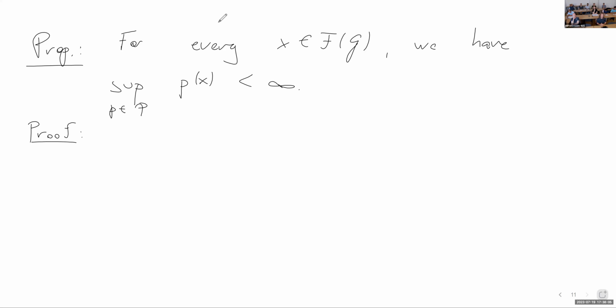And this is the reason why the construction works in a more general framework, because really what you want is this admissibility condition on the direct sum. But suppose not, suppose that the supremum is infinite for some element x.